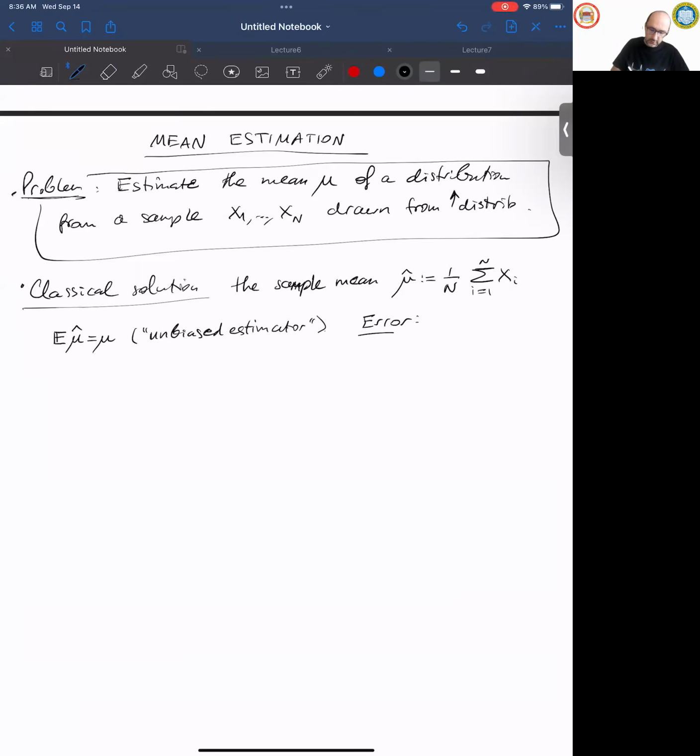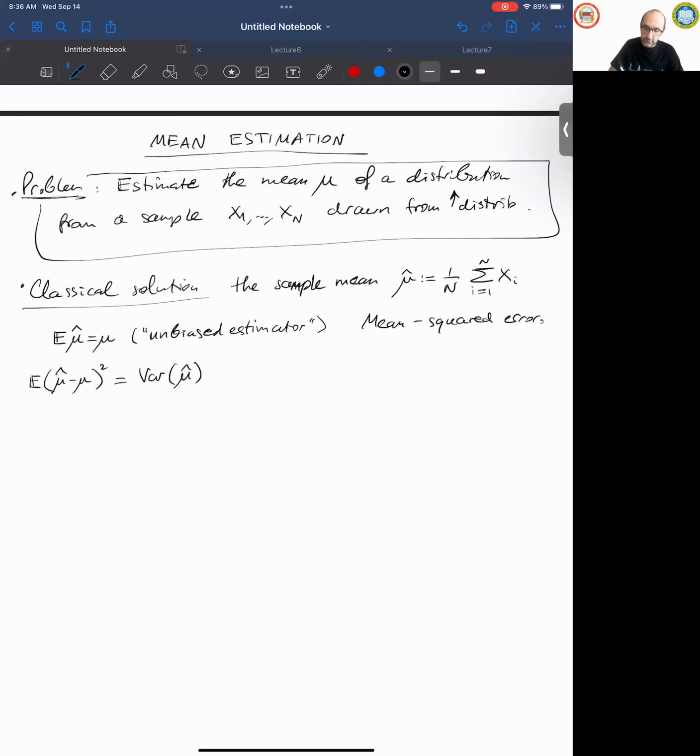What do we do for the error? We just subtract it from the true mean, and then we take the square and take the expectation. That's called the mean squared error. Well, that's just the variance of mu hat, by definition.